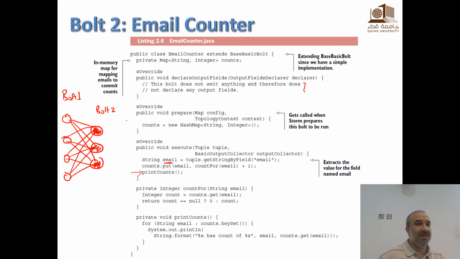Why? We said that this code runs at the task level, right? So that means that this one is here, there's another one, completely different, completely independent, here, and the third one here.